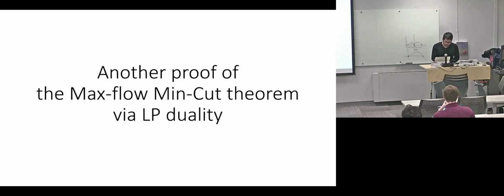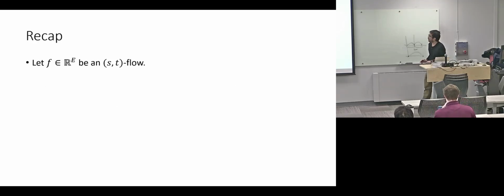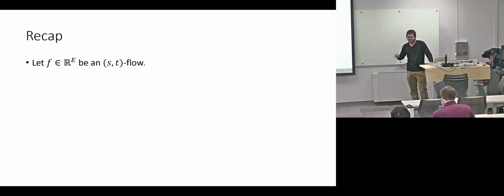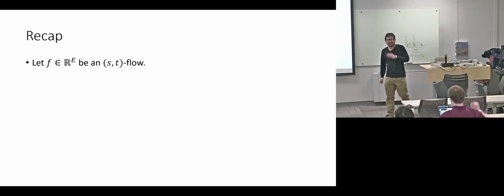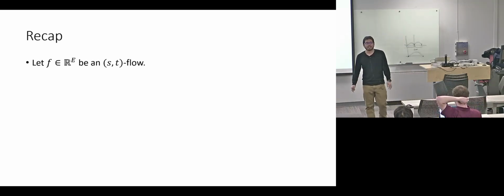So let me recap a bit about Max-flow Min-cut. We need to recall the concept of flow. Flow, there are two constraints about this. Can you recall what are the two constraints? Yeah, Maxim? Whatever the flow shouldn't exceed the capacity.